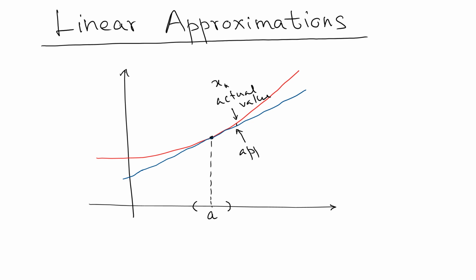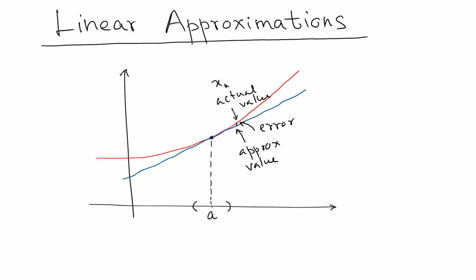The approximate value is a calculated value. This error is the difference between the two, and you can see the error is really small.